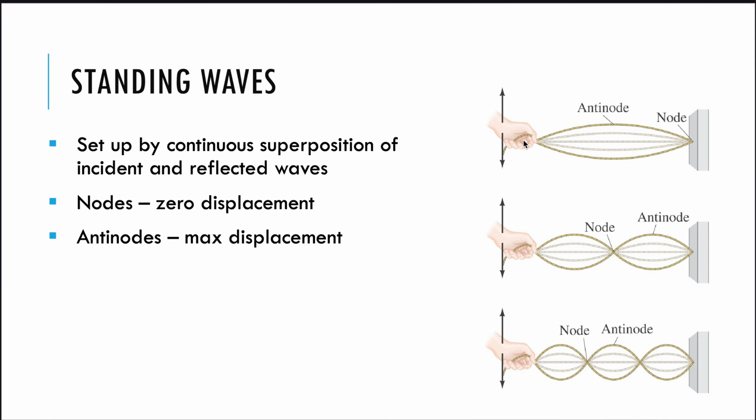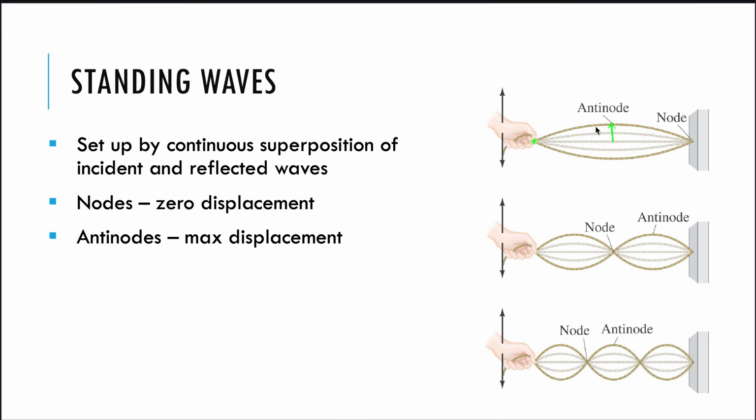Now we could set this up in a string. We can flick the string here, and if we flick it at the right frequency we'll see one incident and one reflected wave. What we'll see here is called a node. This is a region of maximum displacement, and then an antinode on each end.